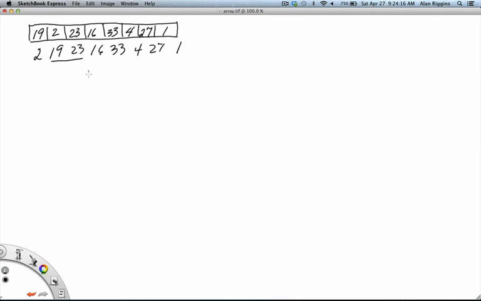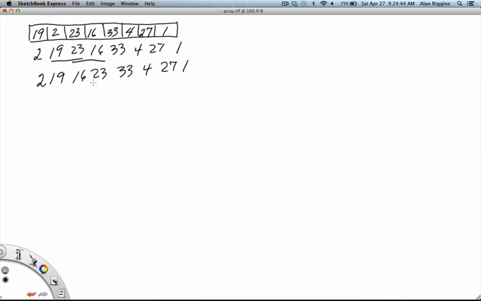The 19 and the 23, and they're okay. The 19 is smaller than the 23, so we move down to the next pair. And these are out of order, they must be swapped. So we swap the 16 and the 23, we have 2, 19, 16, 23, 33, 4, 27, and 1.